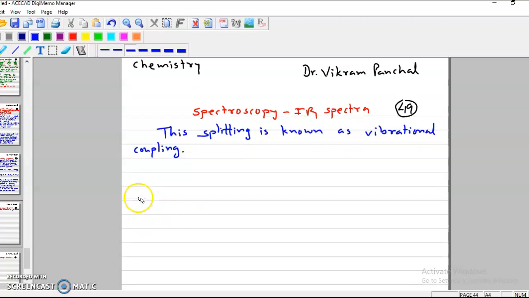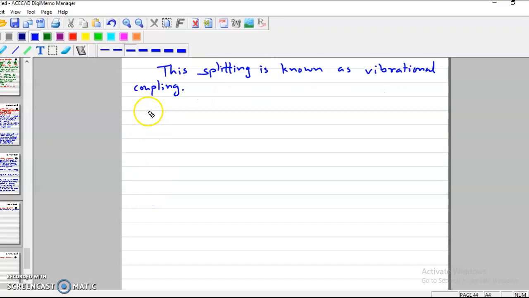Another example is acid anhydride. Acid anhydride has two C double bond O groups. Okay, and there will be two stretchings.